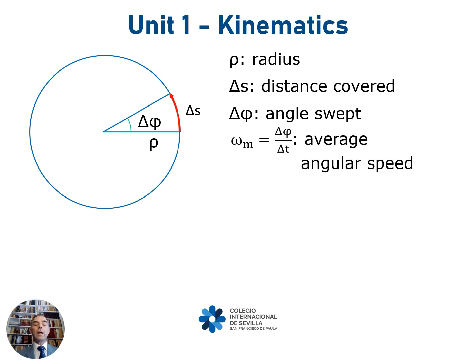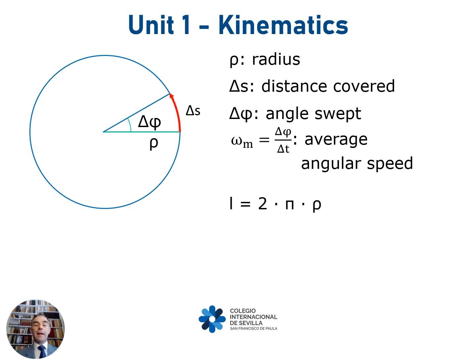We call average angular speed the angle swept divided by the time it takes us to sweep it. We represent it by the Greek letter omega, and the subindex m indicates average.